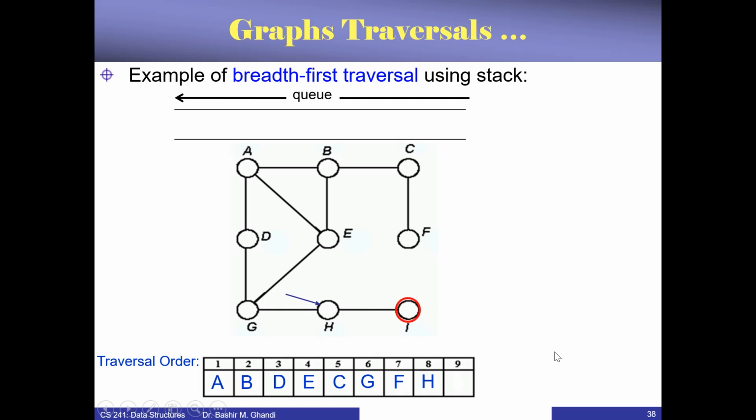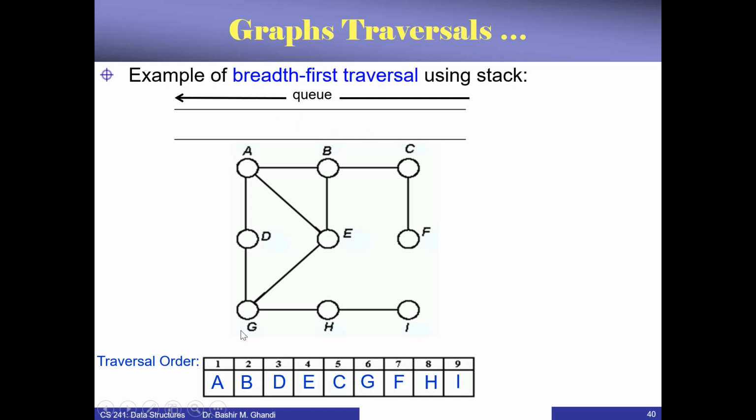Obviously I. So enqueue the I. Then repeat the loop, dequeue I and visit it, and at this point I has no adjacent vertex that has not yet been visited, so we are actually done. Also, the queue is empty, so the loop will stop.